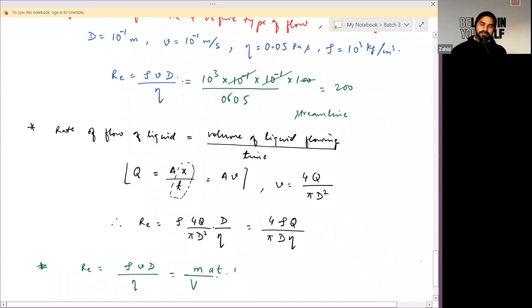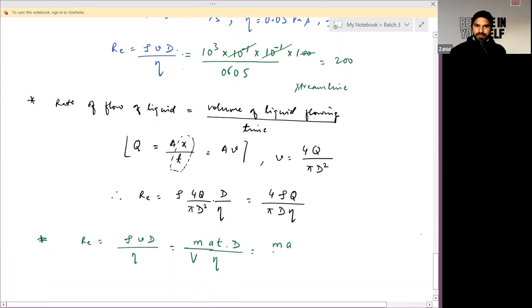D is diameter, divided by eta. So this will be mass times acceleration. We can write volume divided by time as area times velocity according to the above relation. So we can write volume divided by time as A into V into eta, and this diameter, just 1 minute.